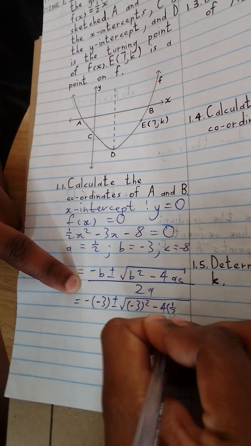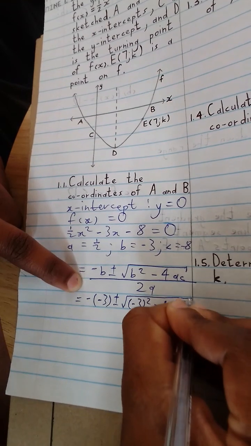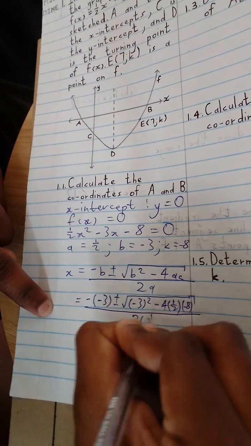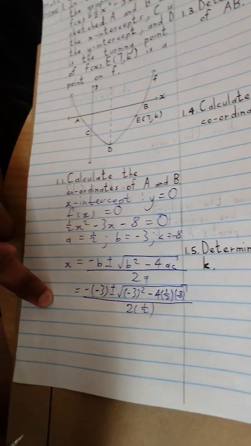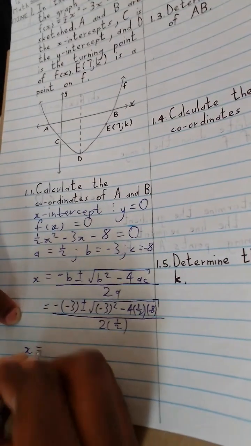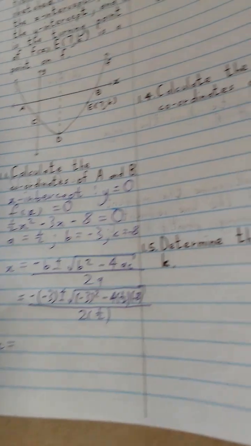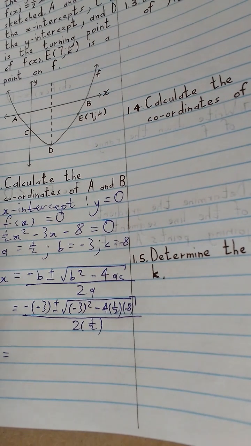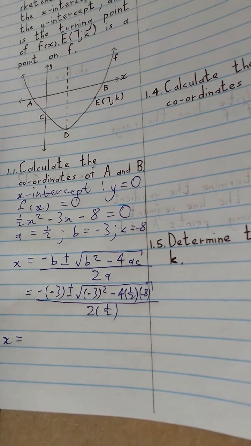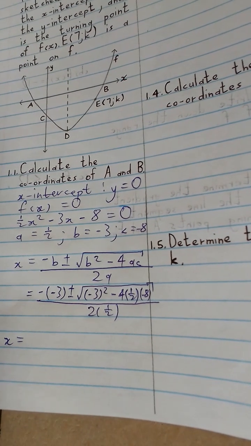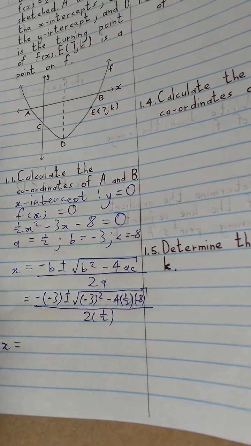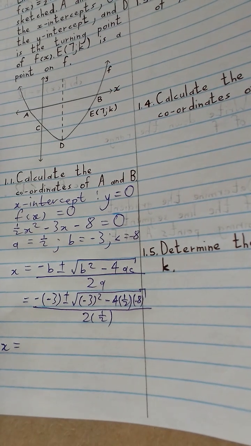A is half, C is negative 8, all over... so we have x is... start with minus... A is half, C is negative 8.